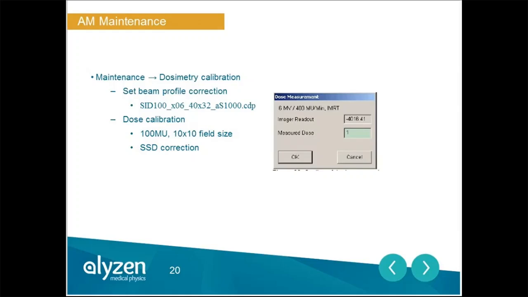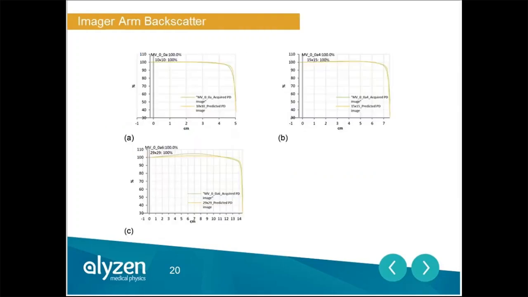There is an SSD correction. If you're at 100 SSD, you'll set your dose to 1, and your measured dose to 1. If you're at 105 SSD, you're going to do an SSD correction there. Your imager dose is going to be 0.907. And once you do that, you're ready to go. We'll import the corrected models, whatever models you want, into Eclipse, and then we can start validation.